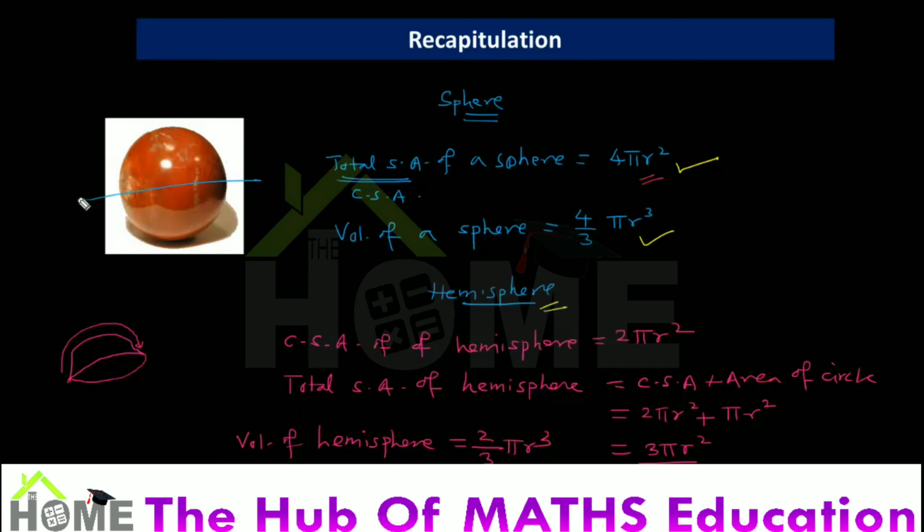Hemisphere is half of the sphere, so the curved surface area will be half of the total surface area, so it will be 2 pi r square. The total surface area of hemisphere is curved surface area plus area of circle, so it will be 3 pi r square. And the volume of the hemisphere is given by 2 by 3 pi r cube.